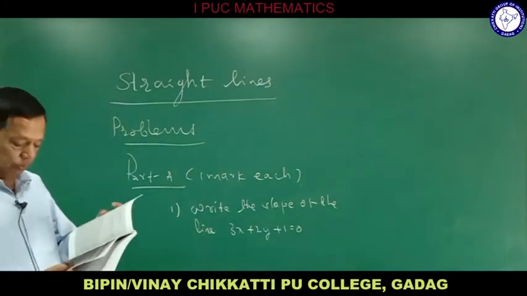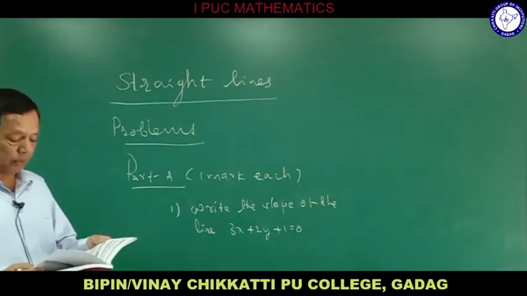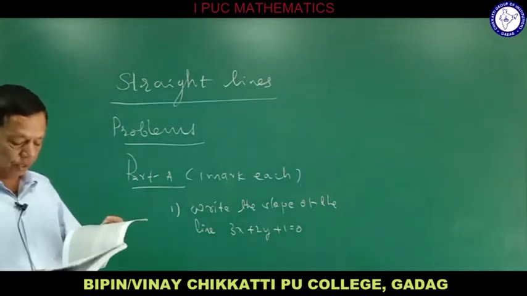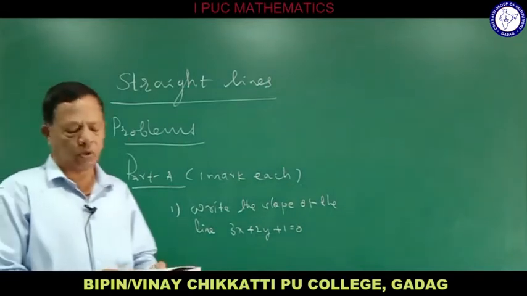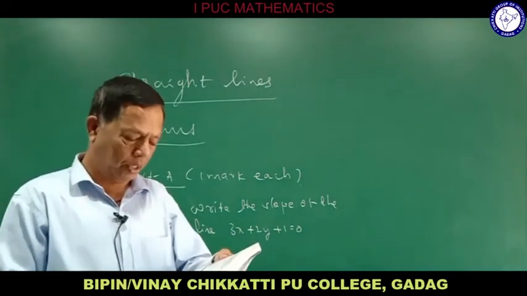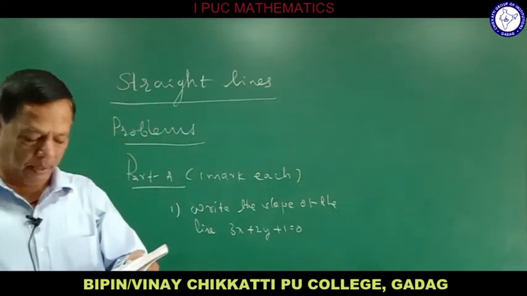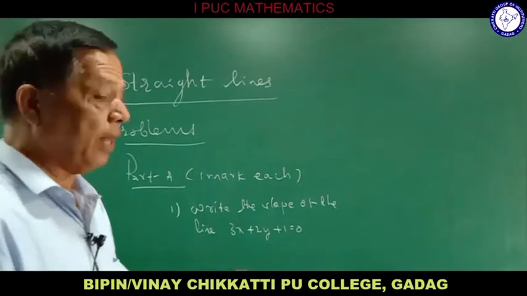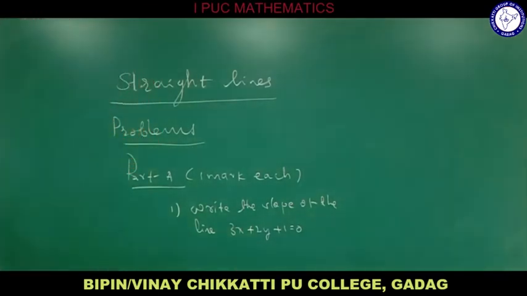But the major point is that for 1 mark you have to write the answer in 1 or 2 lines only, not a lengthy process, not writing the formula. Here you have to see how to write the answer in 1 mark.